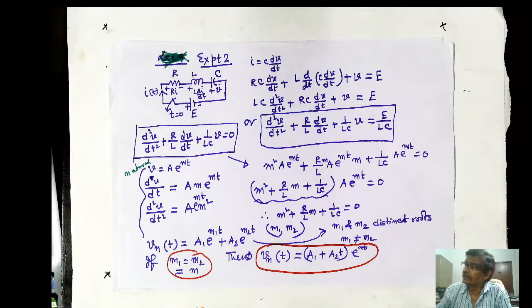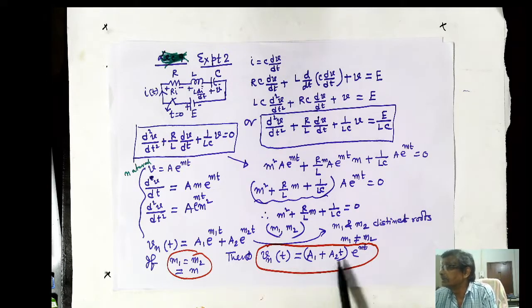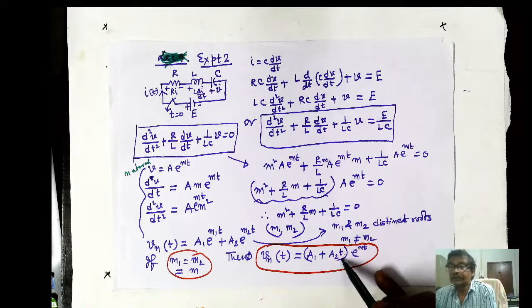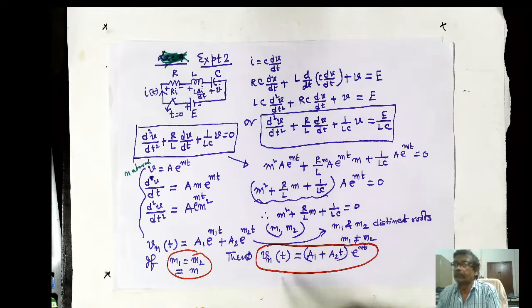If these roots are equal, m1 equal to m2, then the solution will be A1 e to the power mt plus A2 t e to the power mt. So if the roots are equal, it will come like this.